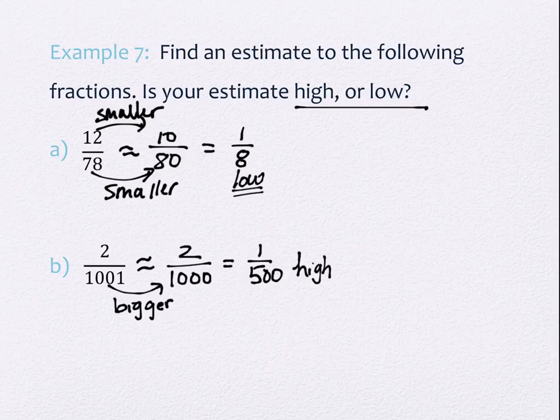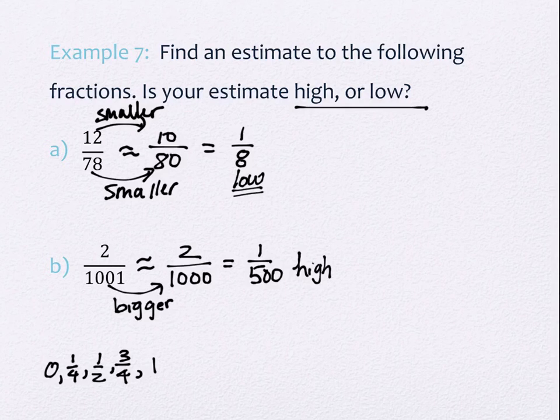If your directions instead, and you will have a direction set that will say choose a convenient fraction, it's almost like multiple choice. 0, 1/4, 1/2, 3/4, or 1. It gives you choices. Which of these numbers is the closest to 2/1001? 0.